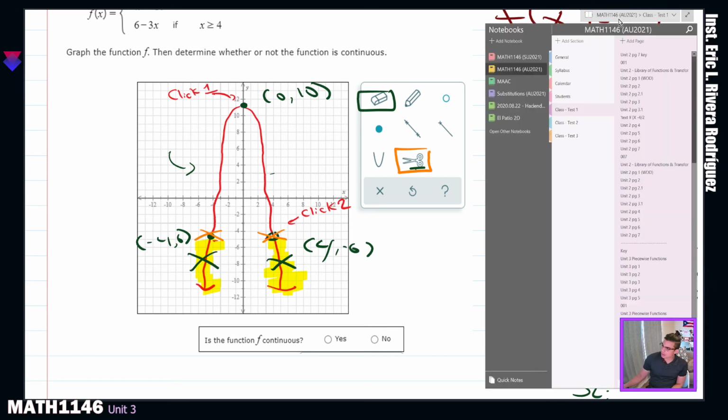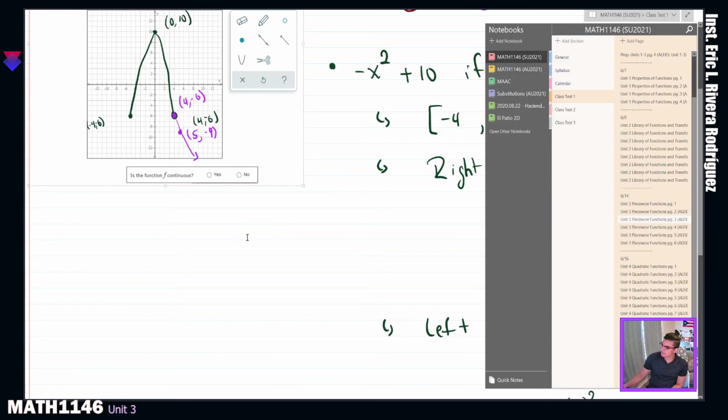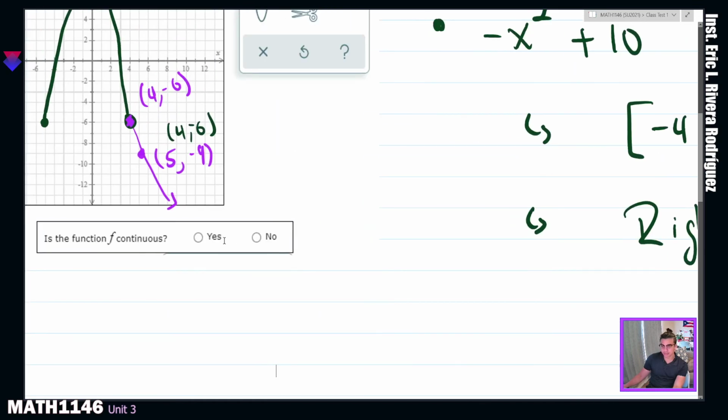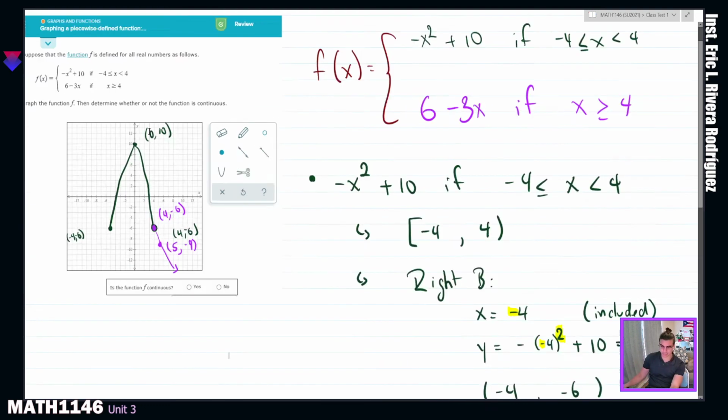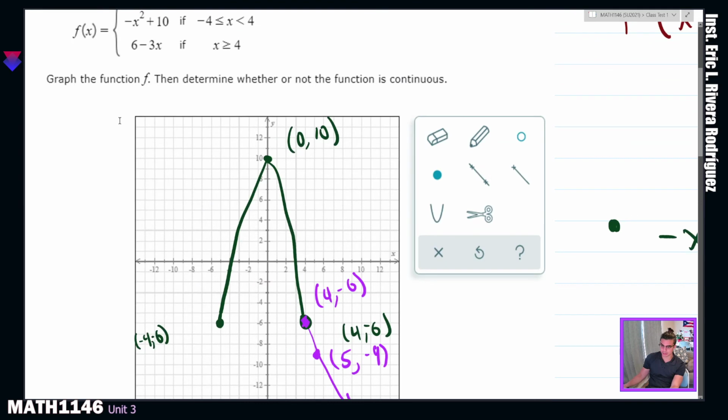All right. So let me show you how it looks. So the second piece is a line, okay? So you need to basically repeat the same process as we did.